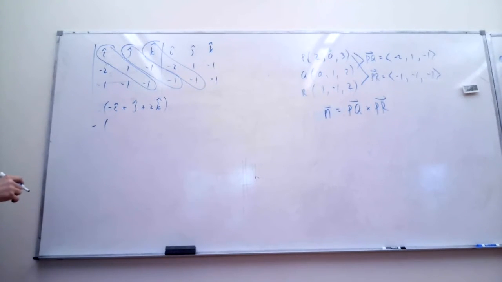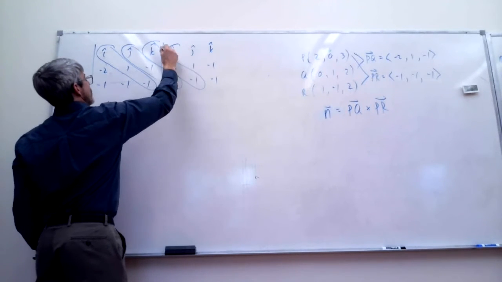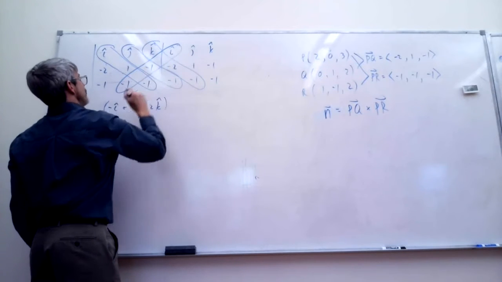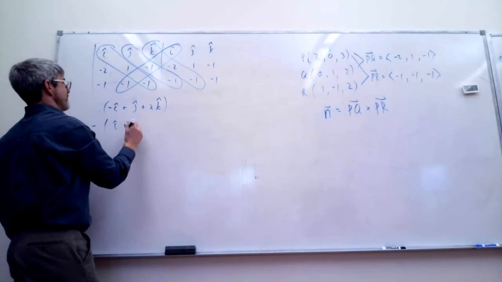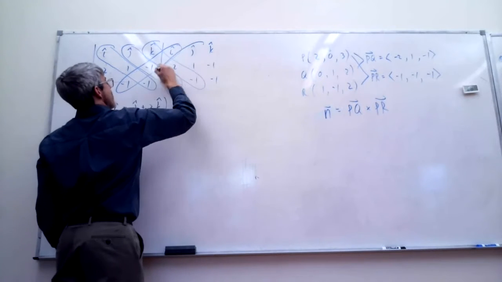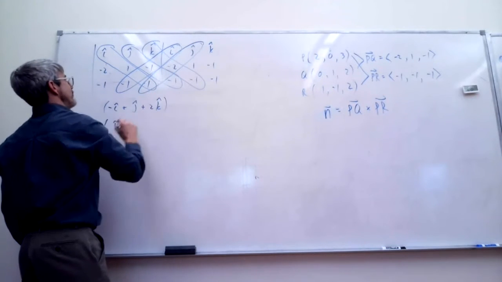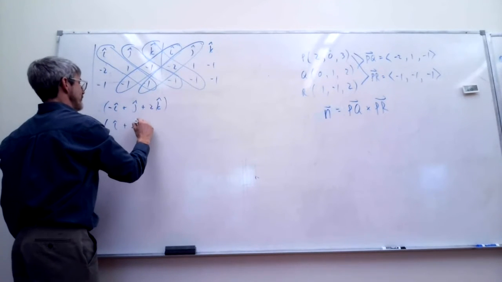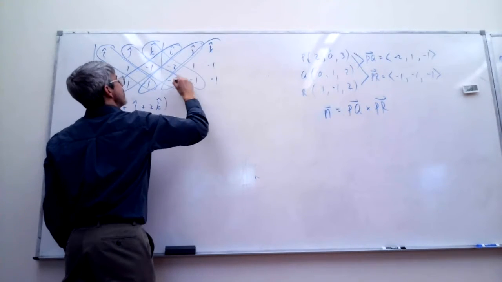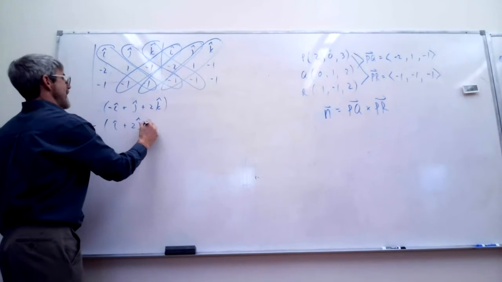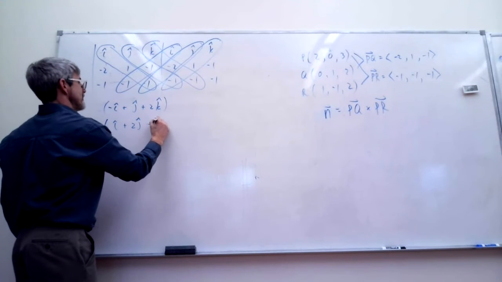That's -1 times -1, so I'm going to subtract i. Then -1 times -2 is 2, so I'm going to subtract 2j. And then I will subtract -1k.